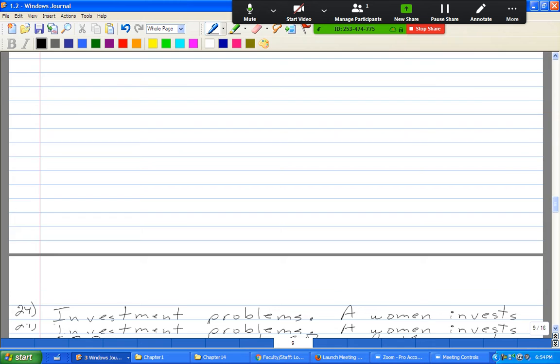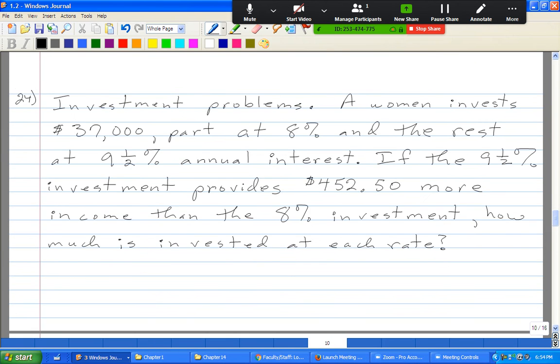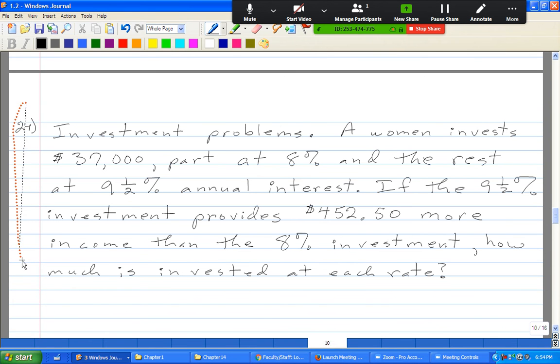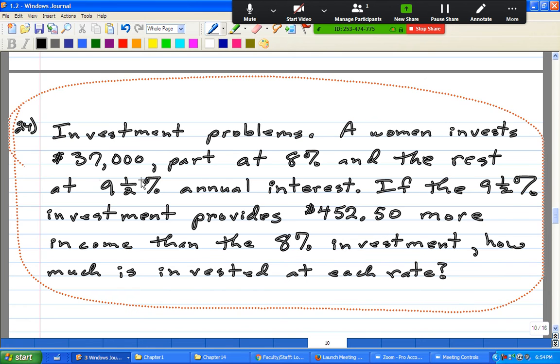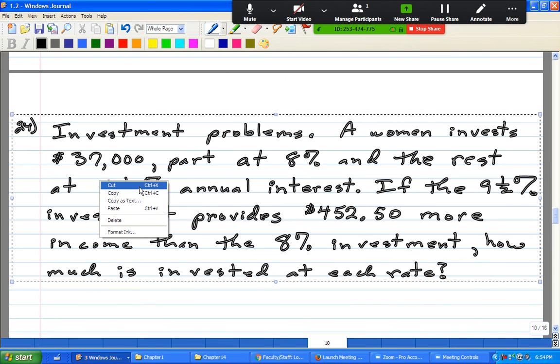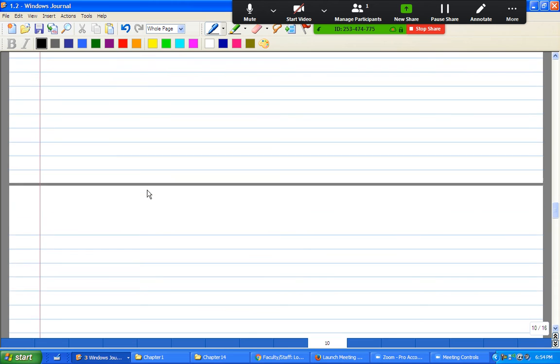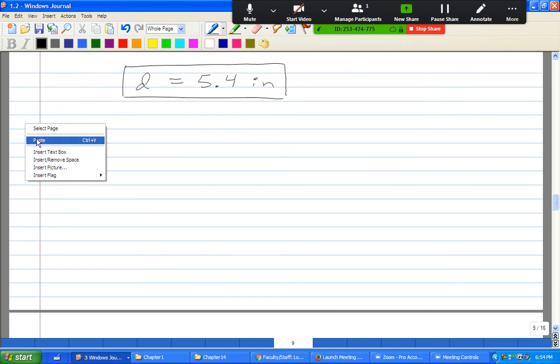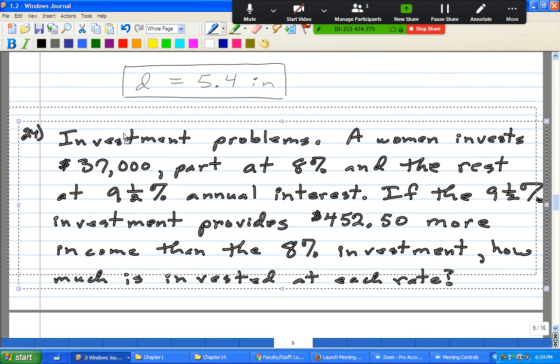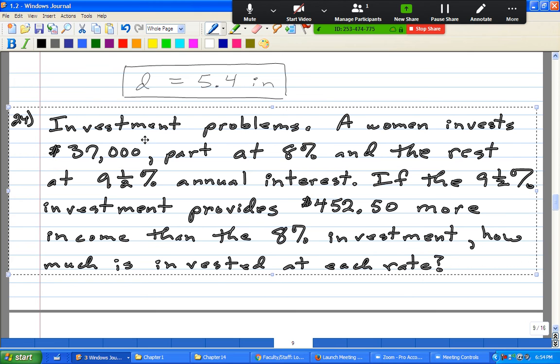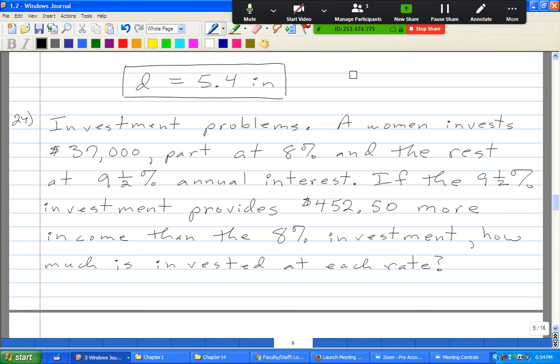Okay, so let me do problem number 24. Investment problems. A woman invests $37,000, part at 8%, and the rest at 9.5% annual interest.